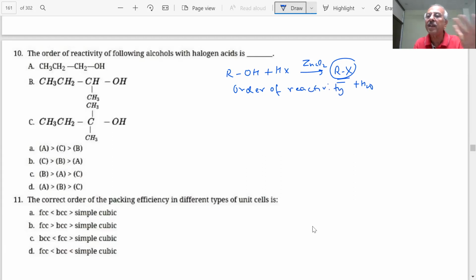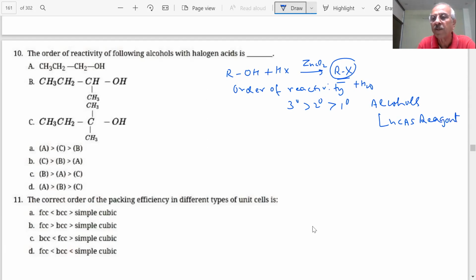You have to understand everything, then we will be able to answer the question. Order of reactivity, you have seen in NCERT, says 3 degree is more than 2 degree is more than 1 degree for the alcohols. The reaction proceeds through a carbocation mechanism. Carbocation is formed, and you know 3 degree carbocation is more stable than 2 degree. This is also the Lucas reagent test. So many things I'm telling you now, students. Lucas reagent test, what is that test?